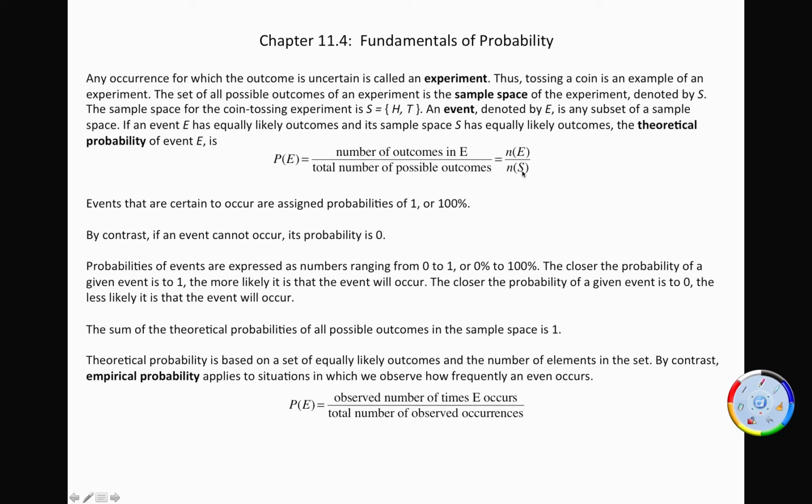For example, if you're talking about rolling a single die and you want to know, what's the probability that you roll a 5? Well, a single die has 6 sides on it, numbered 1, 2, 3, 4, 5, 6. So there's 1 five out of 6 possible outcomes. The probability you're going to roll a 5 is 1/6.